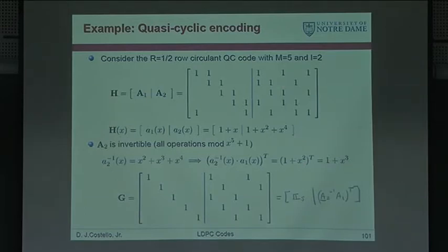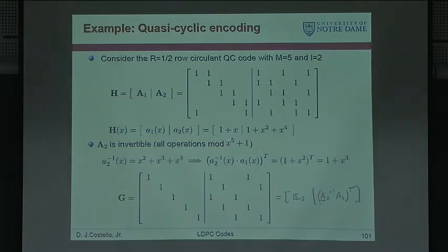If you're not familiar with the polynomial representation, you can just find the inverse of this matrix. And then you have to multiply that by this. That's what this operation is, multiplying the inverse of A2 by A1. And of course, this has to be transposed, because when we flip from the H matrix to the G matrix, we have to transpose the rows and columns.